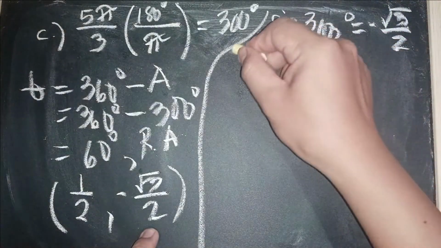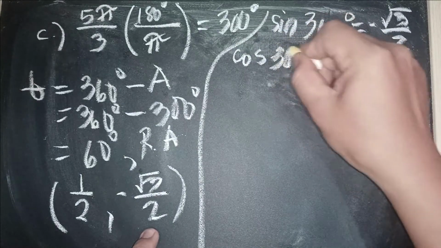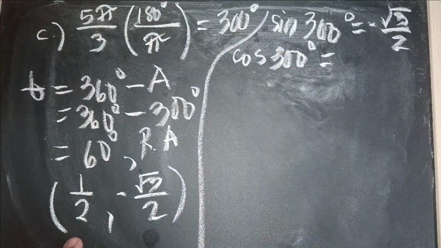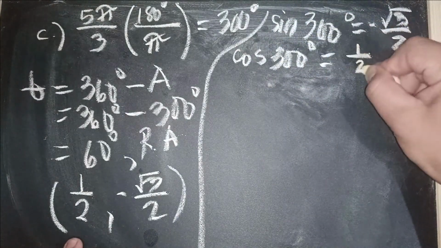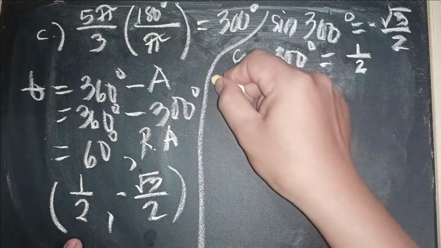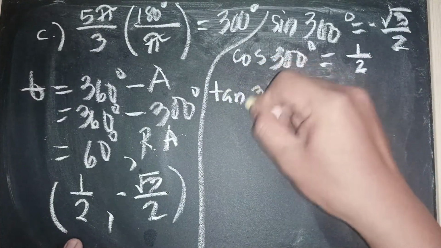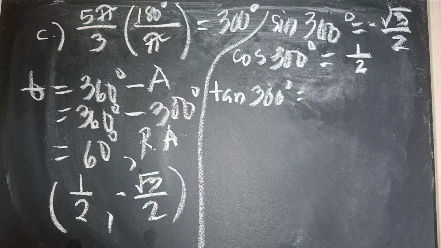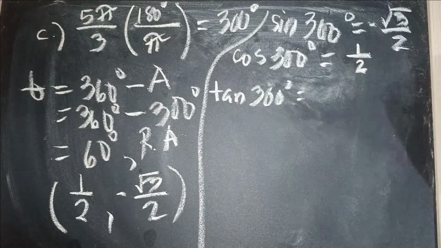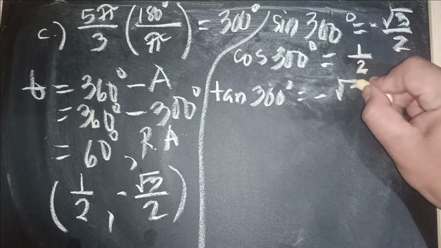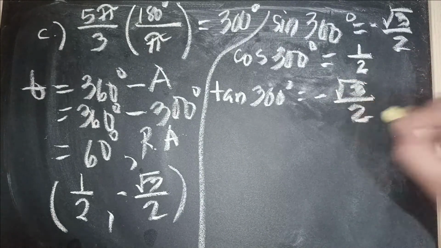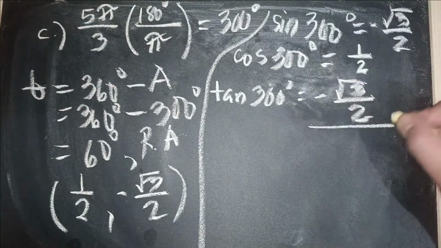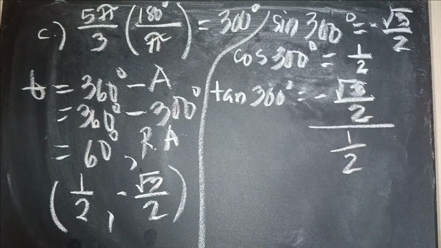Next, cosine 300 degree, that is the x coordinate, that is 1/2. Then, tangent 300 degrees. Pwede na nating makuha yung value ng tangent 300 degrees because we have now the value of sine 300 and cosine 300 degrees. That is equivalent to negative square root of 3 over 2 divided by 1/2.